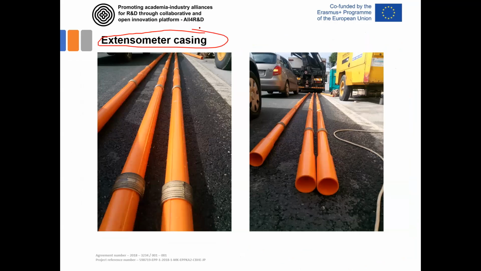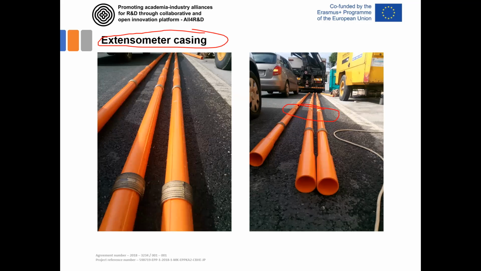One more monitoring equipment that is often used for structures constructed in a landslide area is the so-called extensometer measurement. Here I show you this extensometer with these magnetic rings.